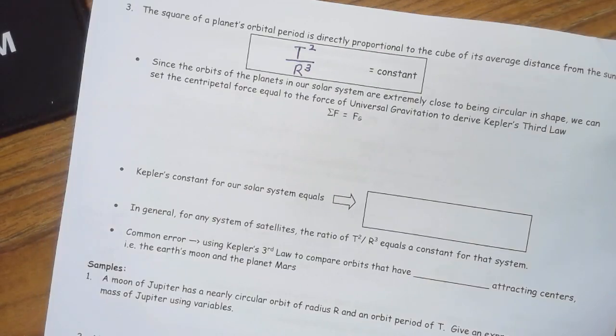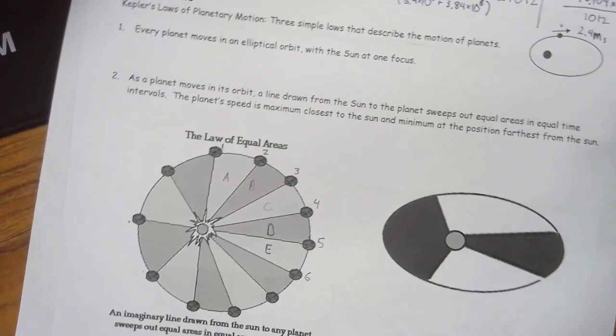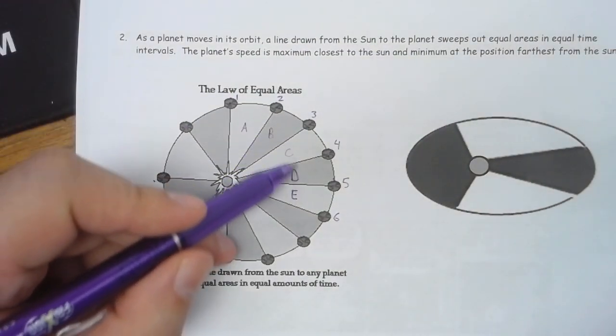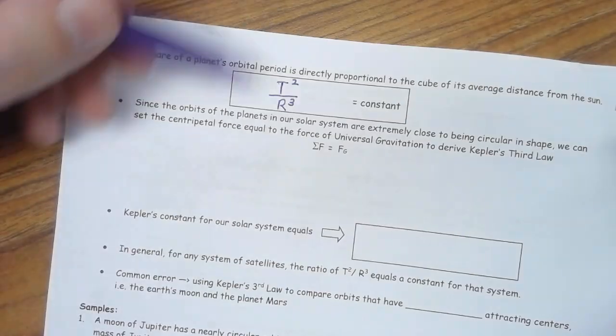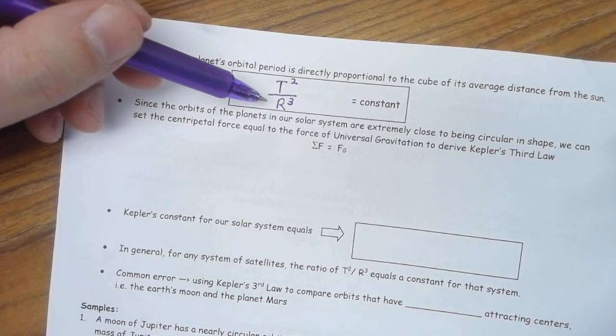And so even though he started drawing these weird ellipses like this, he said, okay, well, this average radius is what we're using over here, okay?